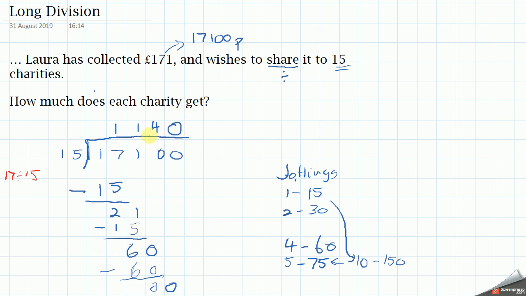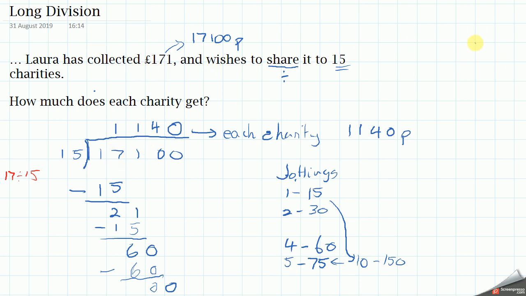So this actually gives me a result to say each charity gets 1,140 pence.